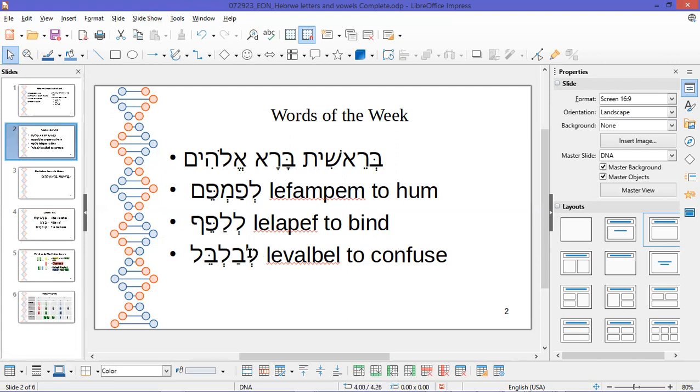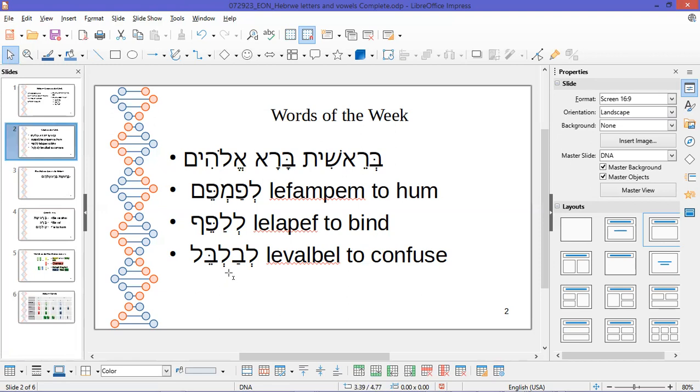And then this one, le, val, bel. So where is the syllable at? Remember, in Hebrew, we start with the letter, go to the vowel. Start with the letter, go to the vowel, like this, okay?